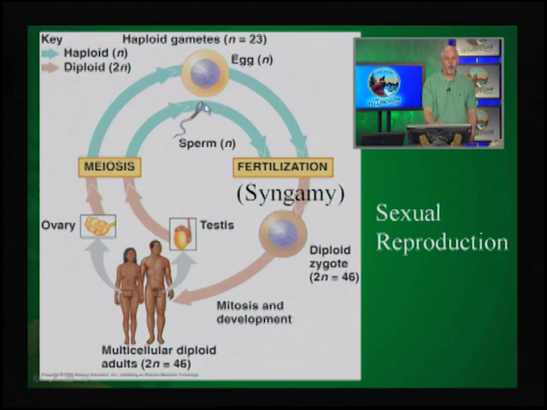So meiosis then is going to get us from diploid cells to haploid gametes, sperm or egg. Those will fuse together in fertilization, also called syngamy, and then that results in a diploid zygote, and then through mitotic division, new cells are generated to produce the new individual.